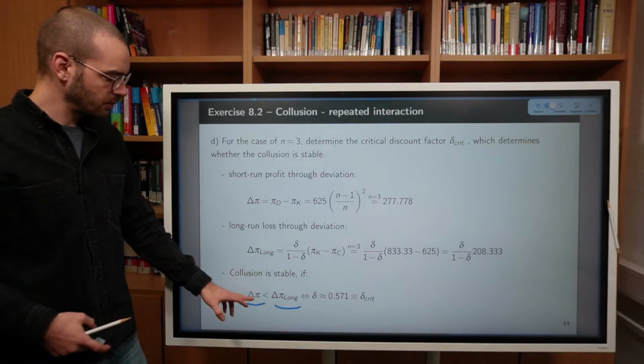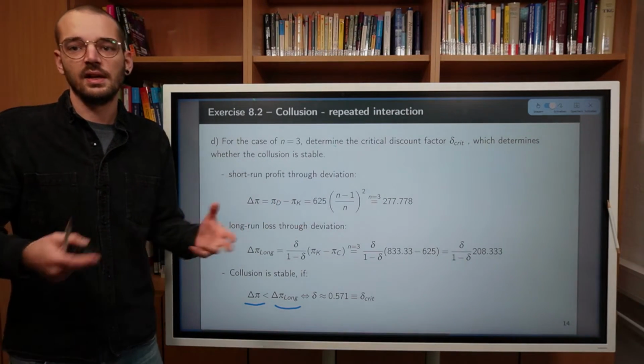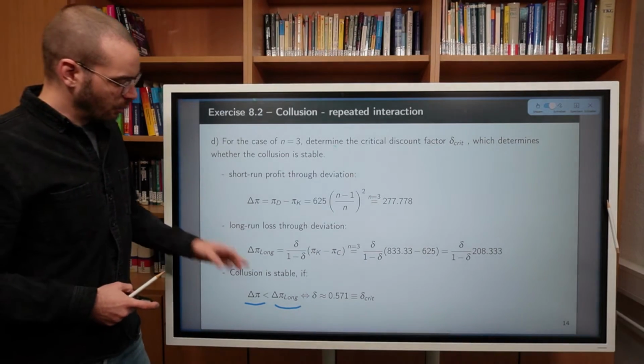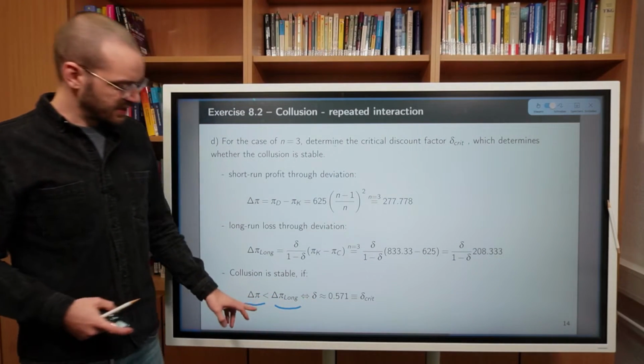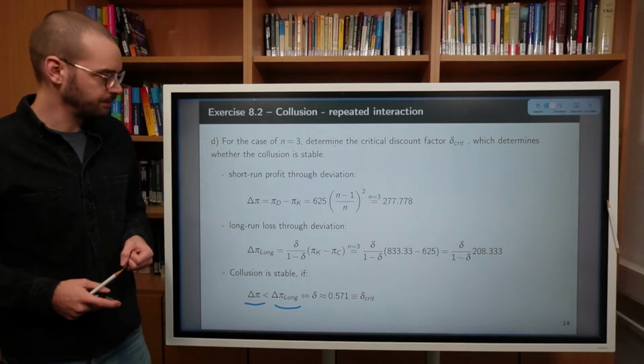And only if the short-term change in profits is smaller than the long-term change in profits, only then is collusion stable. And only for a delta for which this inequality is true, collusion is stable.